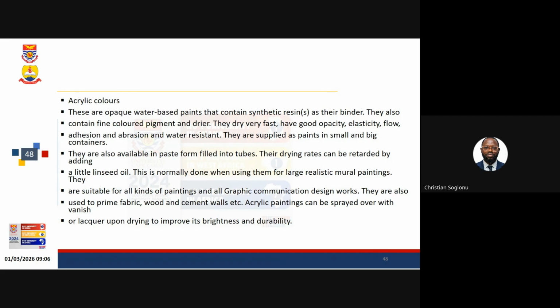So you realize that the dry media have these bristles. They can easily be blown away by air. So you want to prevent that from happening.